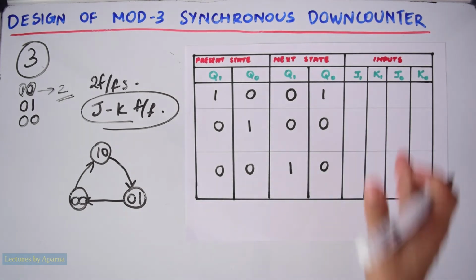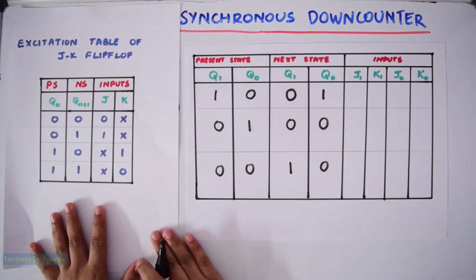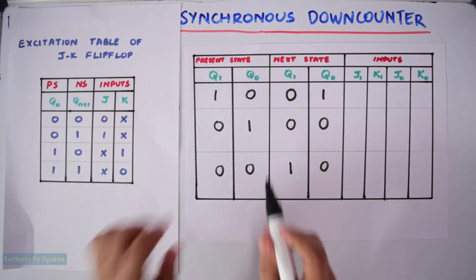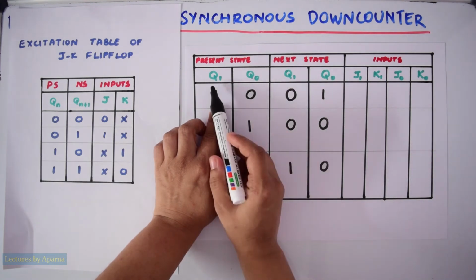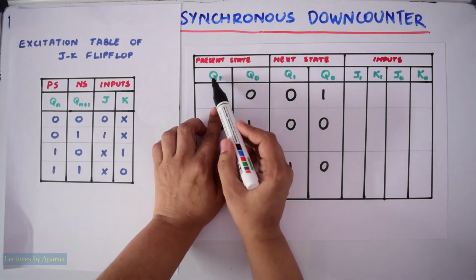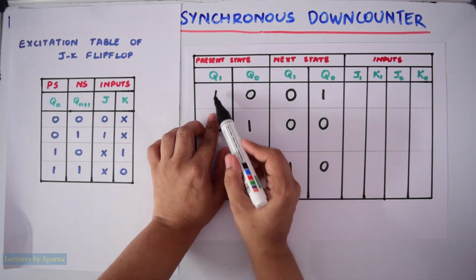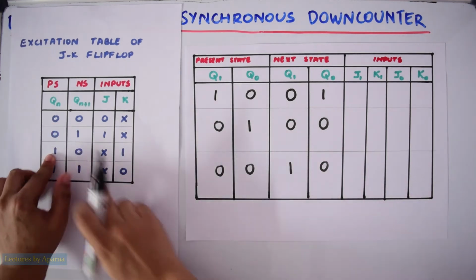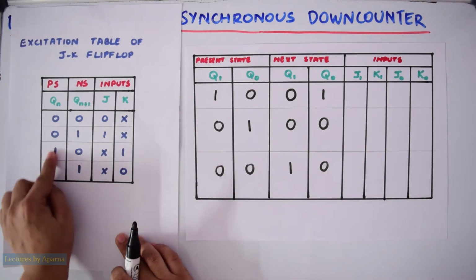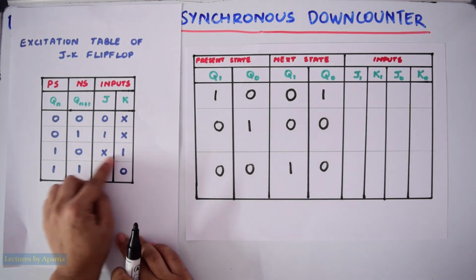Now we have to write the value of these inputs. These are written by looking at the excitation table. So consider flip-flop 1, that is Q1 output, and for Q1 in the present state its value is 1, in the next state its value is 0. So 1 0. For 1 0 combination, what is the input value coming? It is don't care 1.